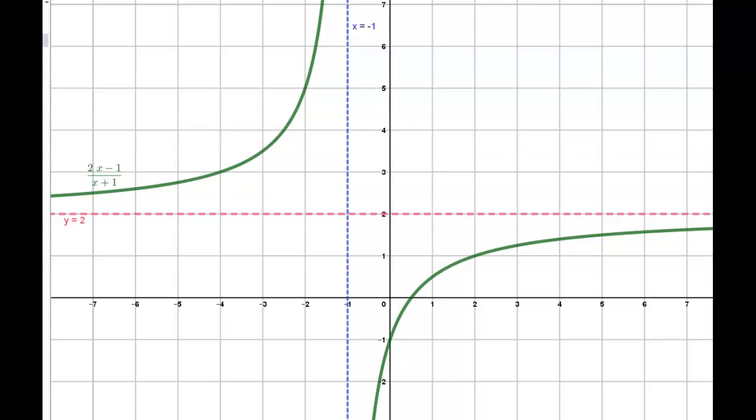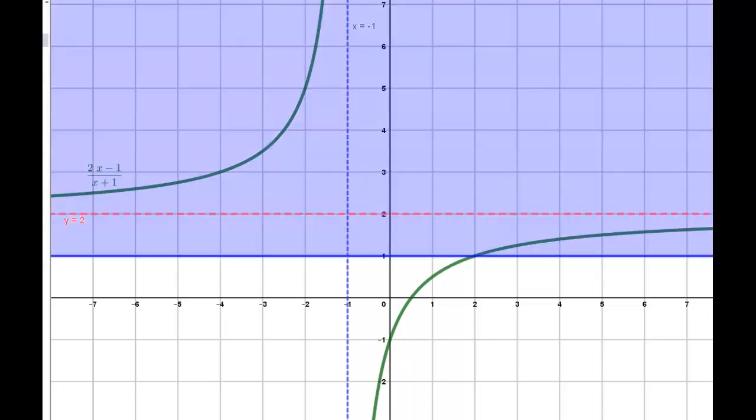Now, I'm just going to give you the answer graphically first, before we even do the algebra. If you were to have the graph well drawn, and look at the section that is greater than 1, you'd end up with the shaded area. Basically from 2 and beyond, for values greater than 2, the graph is greater than 1. It's above that blue line.